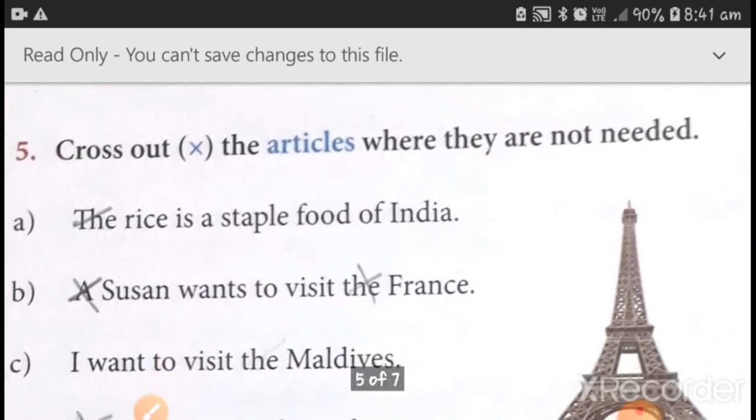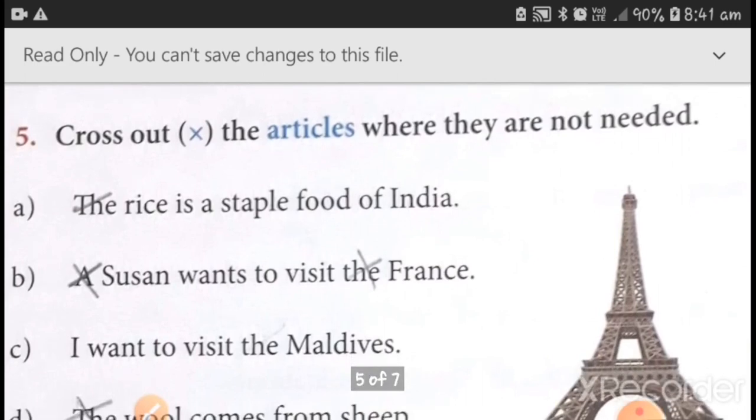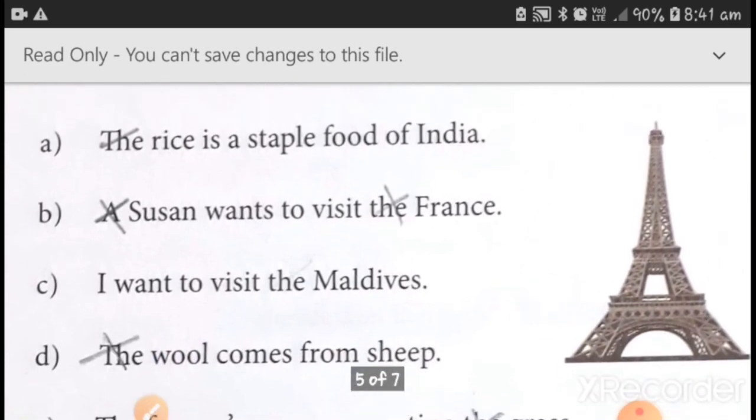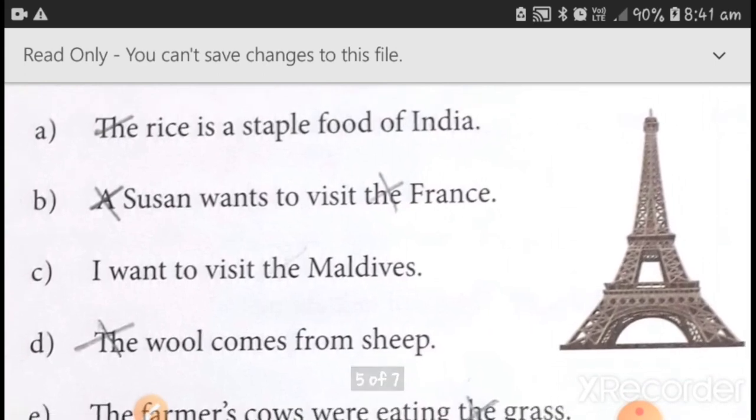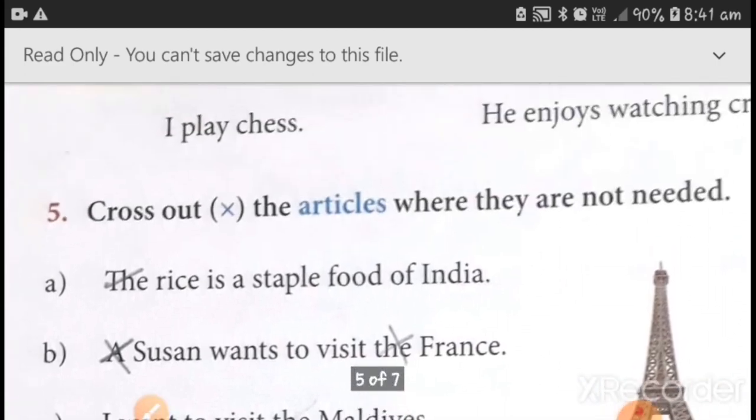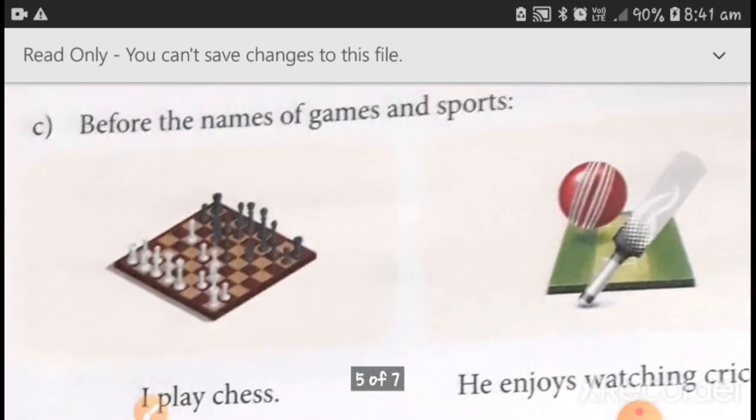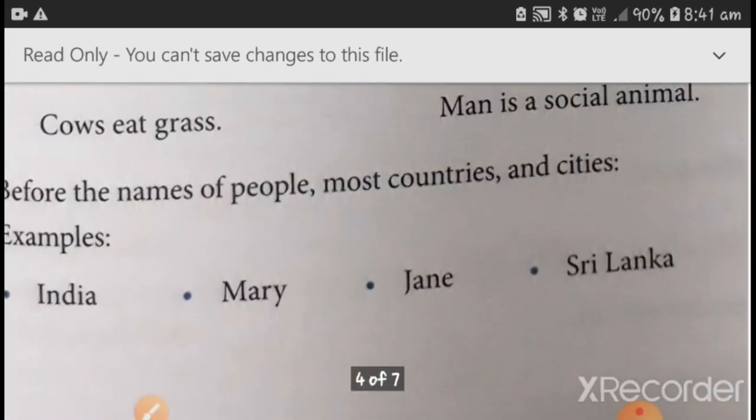Now complete this exercise. Cross out the articles where they are not needed. So here I have already crossed it, so you can complete it through this video. The rice is a staple food of India. Okay. Here "the" was written, but we have to cross it because we never use any article before any person, place or thing.